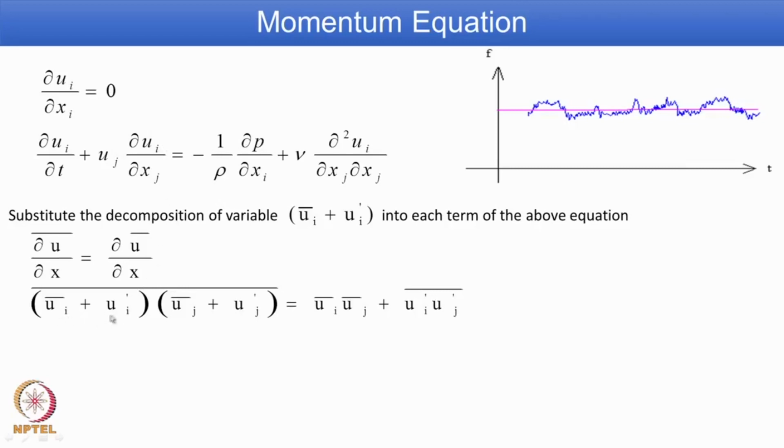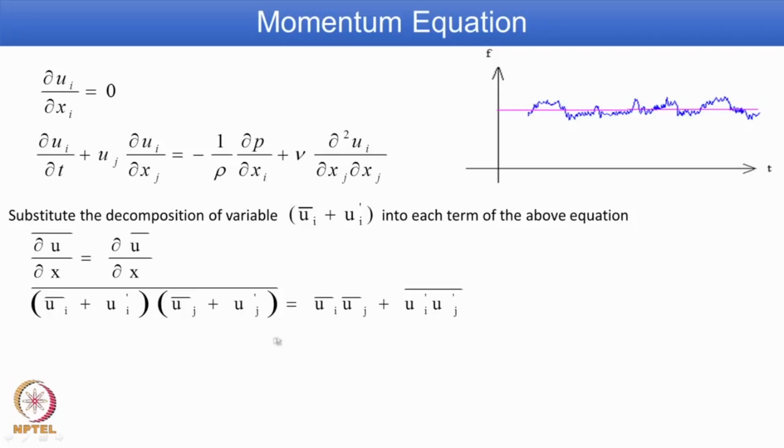So, if you write decomposition for the respective instantaneous velocity, you get ui bar plus ui prime. For the second instantaneous velocity uj, you get uj bar plus uj prime, and we finally perform time averaging, and that is what is shown by the over bar covering both the quantities.